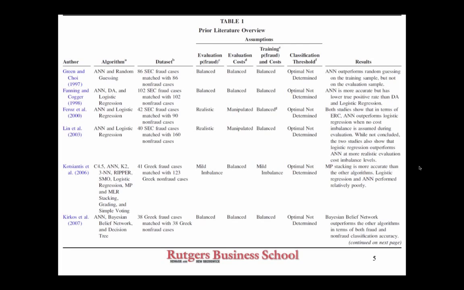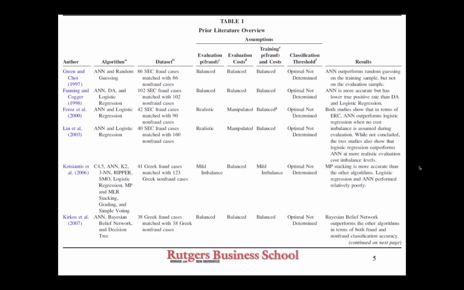Another thing that he does is this variation in how he evaluates the results. He uses something called ERC, estimated relative cost of misclassification, which I will define on a later slide.